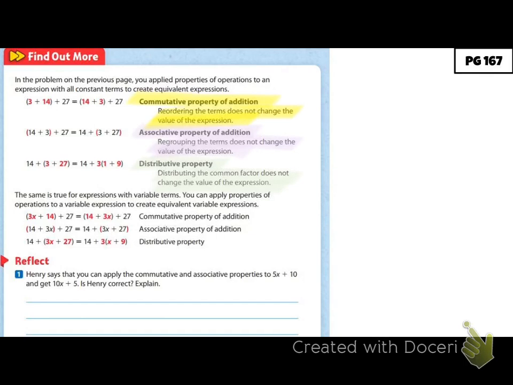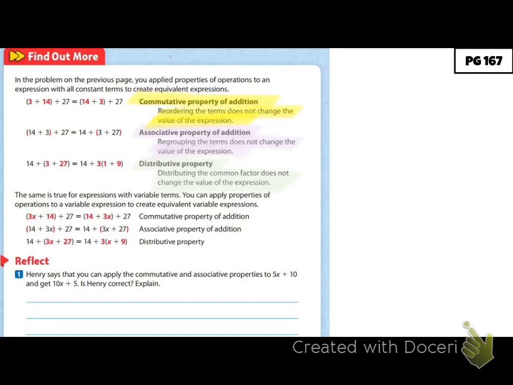The same is true for expressions with variable terms. You can apply properties of operations to a variable expression to create equivalent variable expressions. So, we have the same three properties here, only now they've actually thrown in some variables. It doesn't change how the property works. So 3x plus 14 is the same thing as 14 plus 3x.